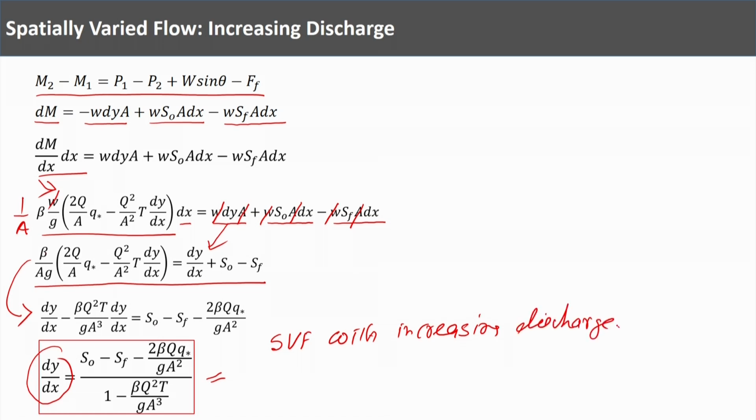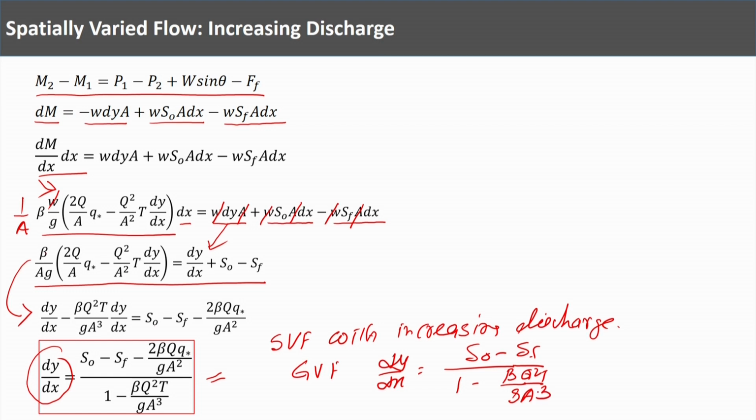Okay. So, I am getting this equation. Now, if you recall, the gradually varied flow equation was dy by dx equal to S0 minus Sf divided by 1 minus beta Q squared T by g A cubed.